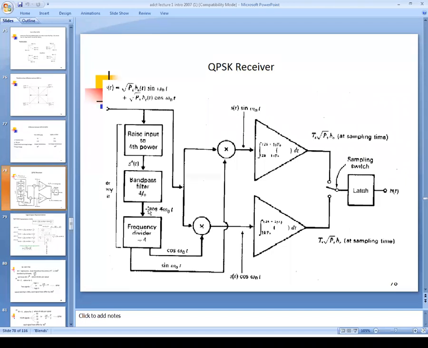The raised power is 4, and the band pass filter also extracts the carrier part from the raised-to-the-fourth-power signal.